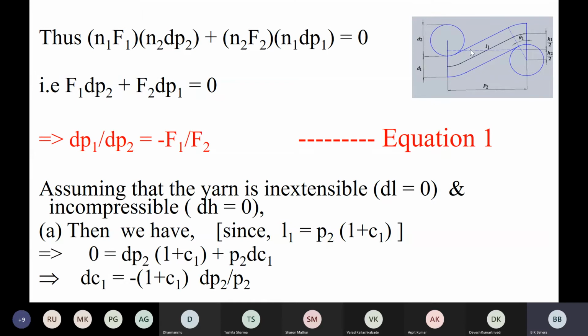And if you assume the yarn is incompressible, there is no change in transverse dimension. The transverse dimension here, H1 by 2, H2 by 2, means complete will be H1 and H2. Means no change in H values. The yarn is incompressible, meaning dH is equal to 0, which means H is also invariant.